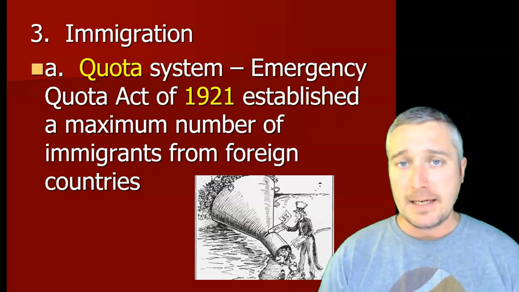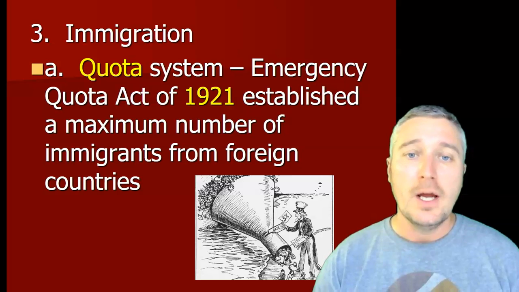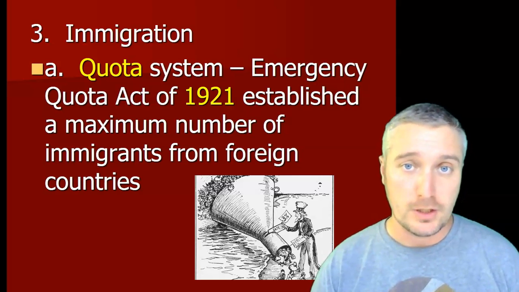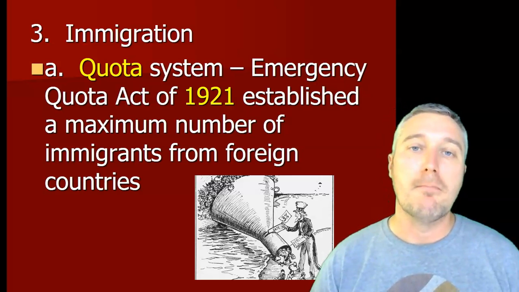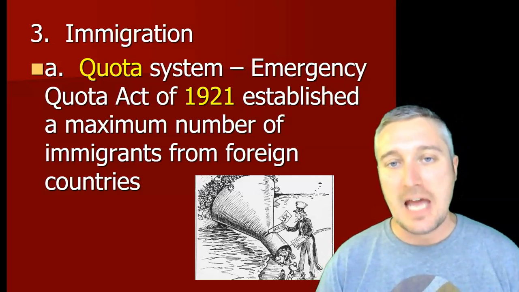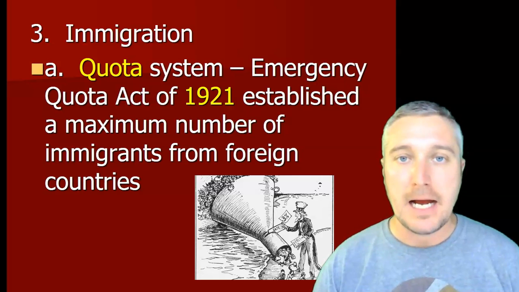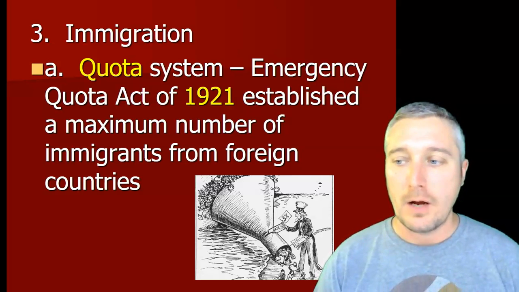Now, also back at home, we are seeing a return to an immigration restriction program. And in 1921, there's what's called the Emergency Quota Act, which established a maximum amount of immigrants that could come from each country.